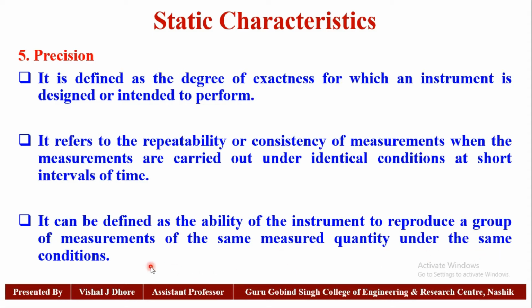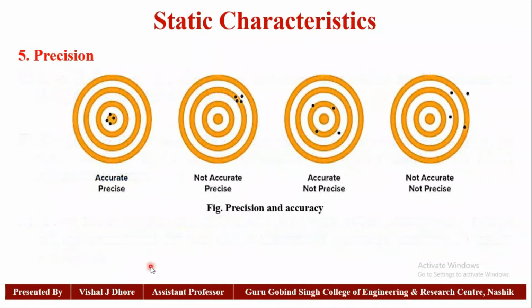Now we can understand this concept diagrammatically. This is the image of precision and accuracy. From this figure we can very clearly understand the relationship between precision and accuracy.